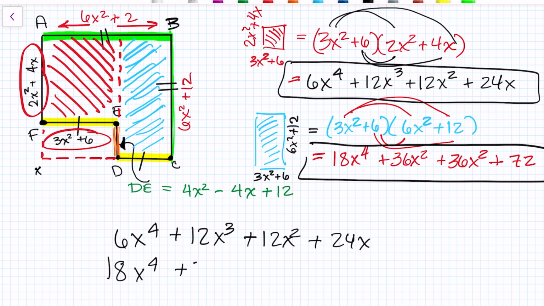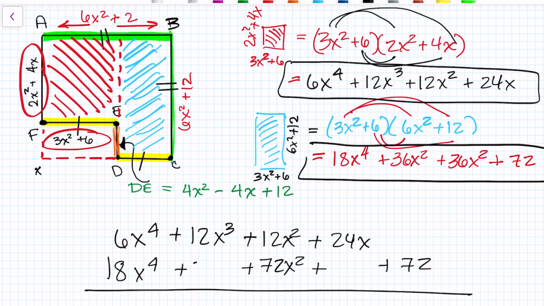That's right. Okay. So I'm going to leave a blank here. And then I have 36 and 36, that's 72x squared plus, and I don't have an x, and I have a 72. So I'm going to line all this up and add them up.